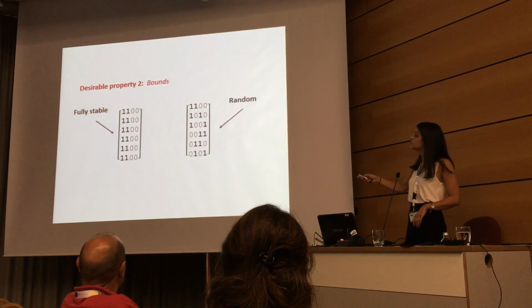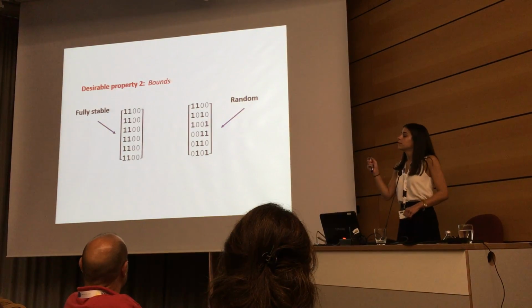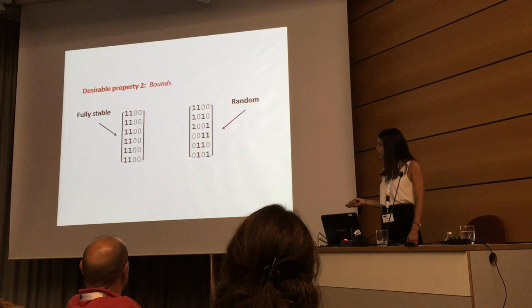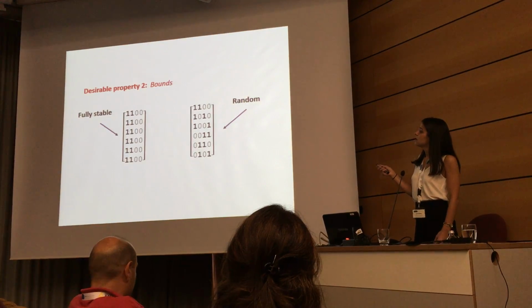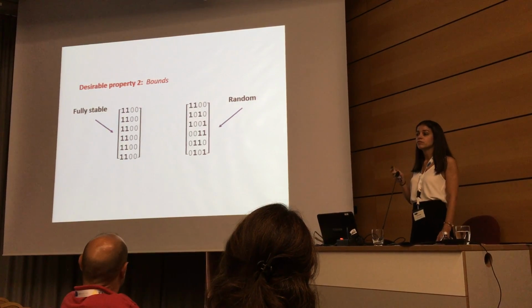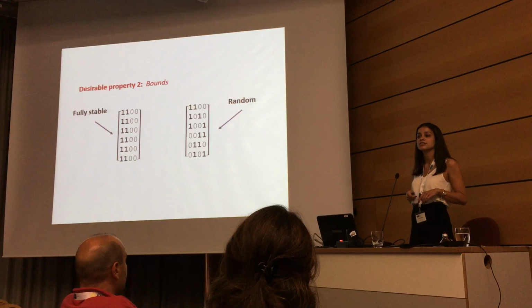So, the second property is that we would like a feature stability measure to be bounded. If you look here on the left, in this matrix, the first two features are selected every time, which means this is a fully stable case where there's no variation in the selection.